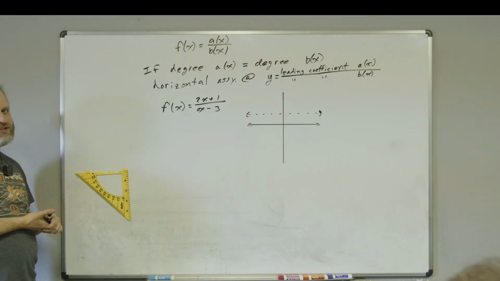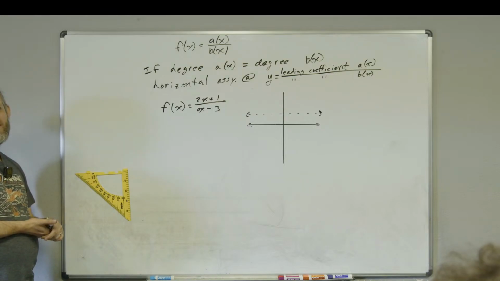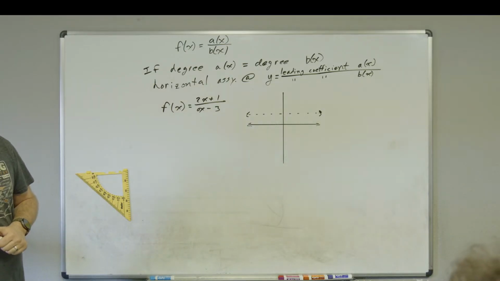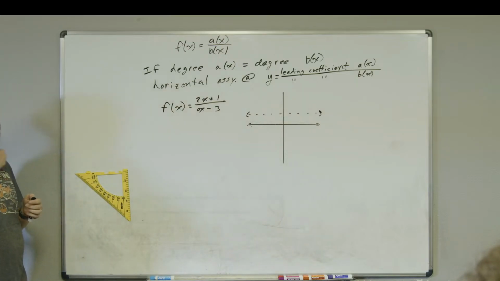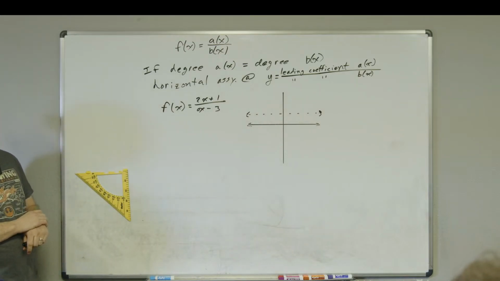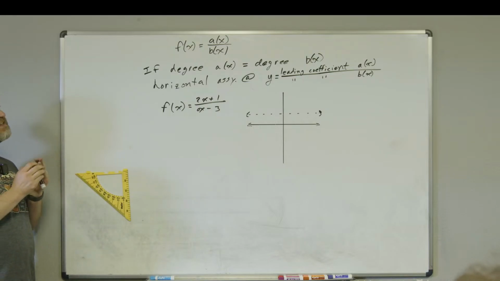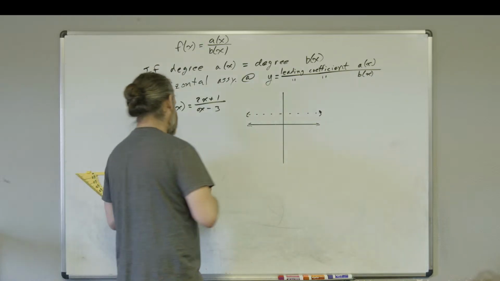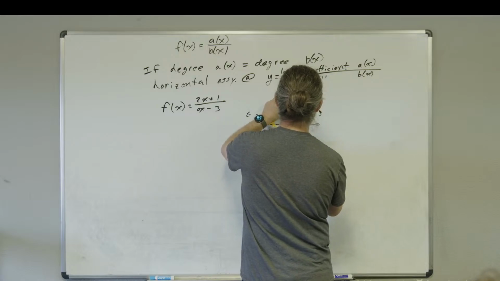Don't look at the book. Don't cheat. What would cause a vertical asymptote? The 3. So what could it not be? The denominator can't be 0, which means x can't be 3, because 3 minus 3 is 0. So, an asymptote, here-ish.